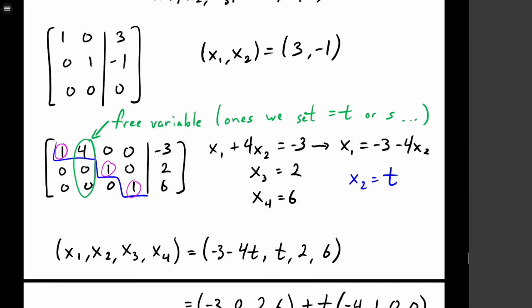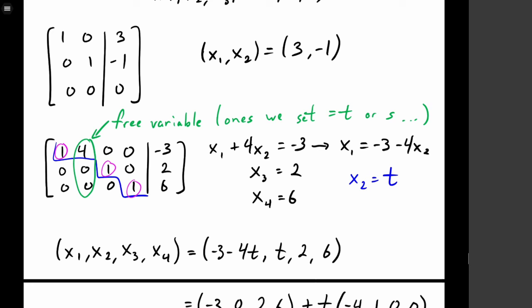So anytime you see columns that don't have a leading one, those are the columns that are going to be your parameters. And this is the beautiful thing about making sure you have not just a row echelon matrix, but a reduced row echelon.